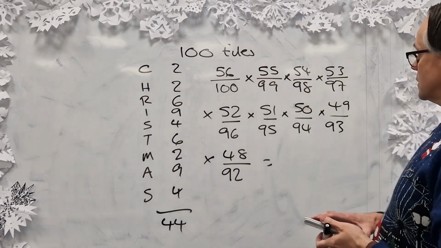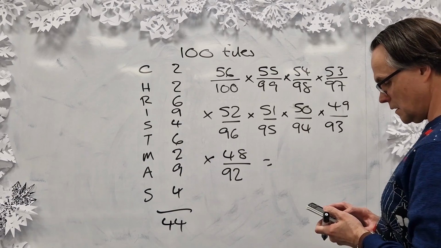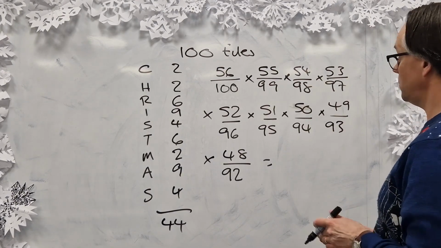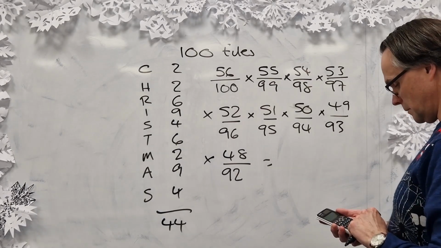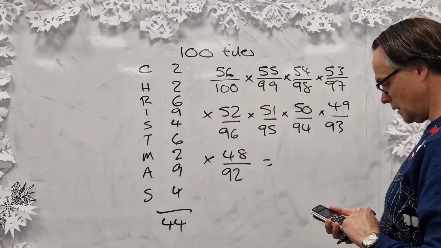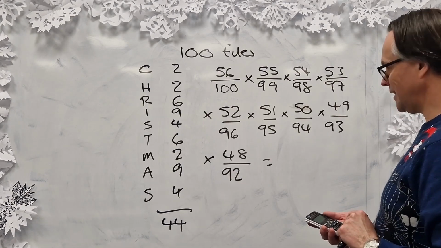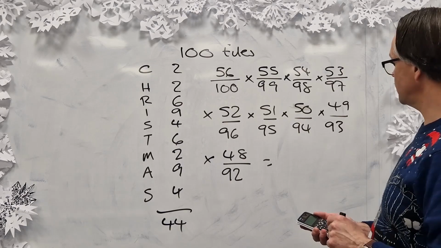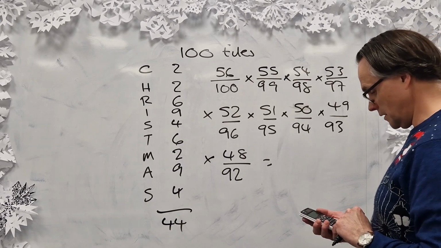So if I times all the ones along the top together, what is that? 56 times 55 times 54 times 53 times 52. 56 factorial. Yeah, I know, that's what I thought, but then I typed 56 factorial into my calculator and it didn't like it.